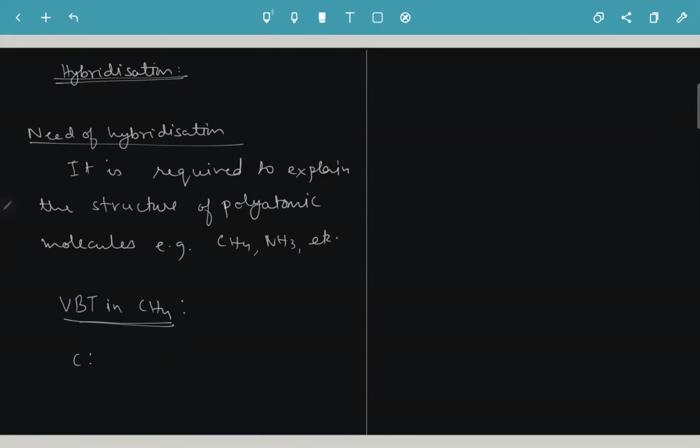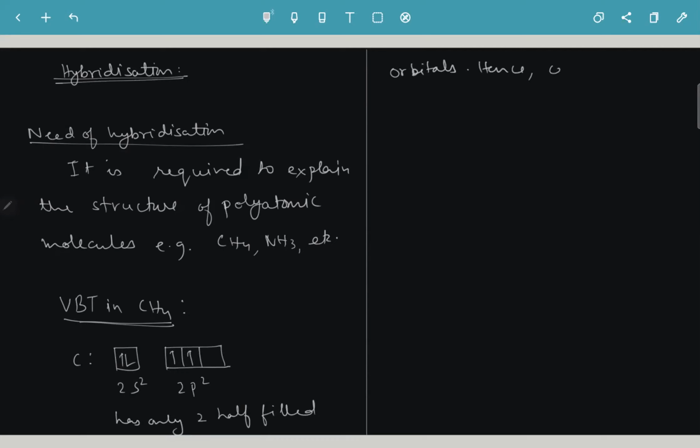It has only two half-filled orbitals, can form only two bonds in its ground state.